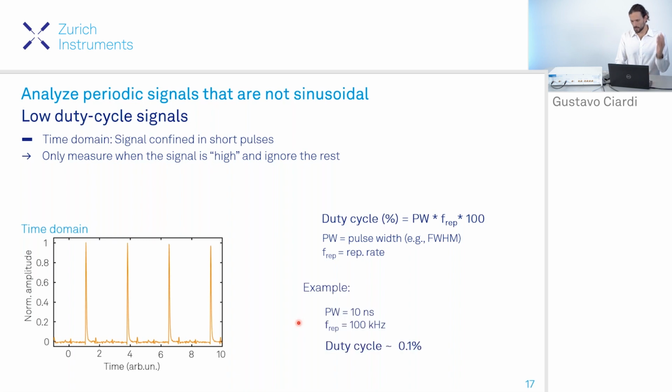For example, if we have a pulse width of 10 nanoseconds, which can be typical from photodetectors in a photonics experiment, with a repetition rate of 100 kilohertz, we end up with a duty cycle of about 0.1%. So intuitively, it also makes sense to only measure the signal where it's high and not where it's low, disregarding everything else where the noise is present.